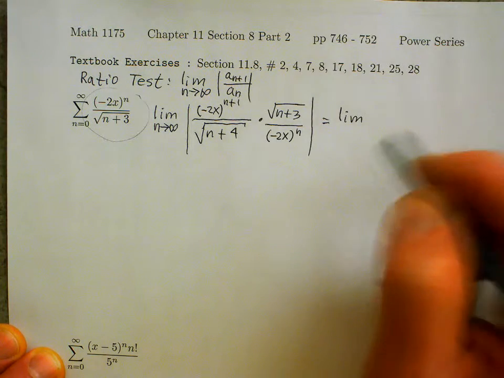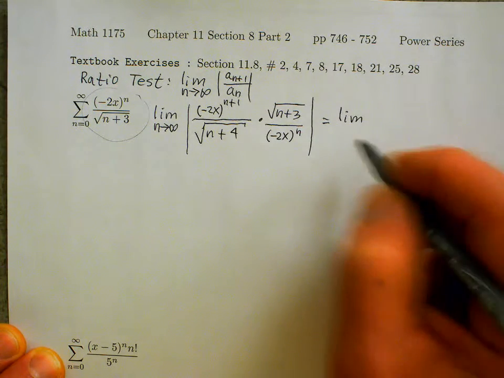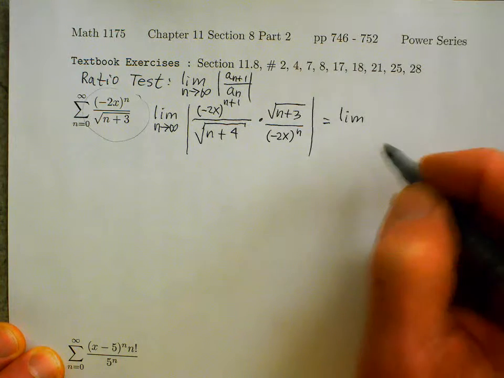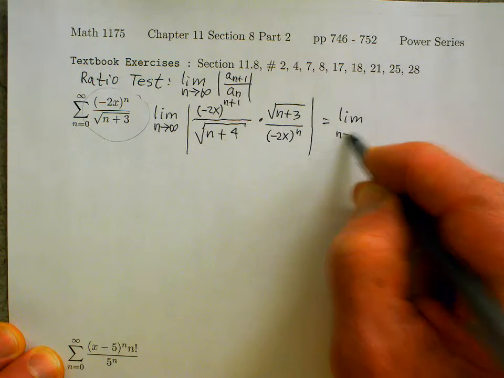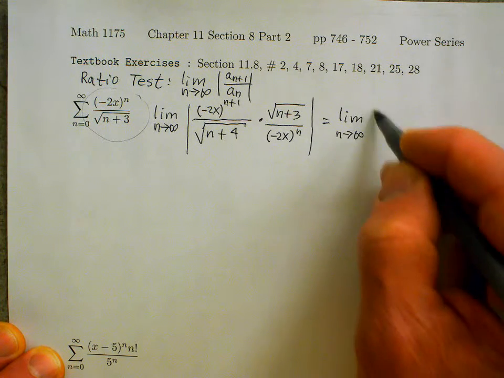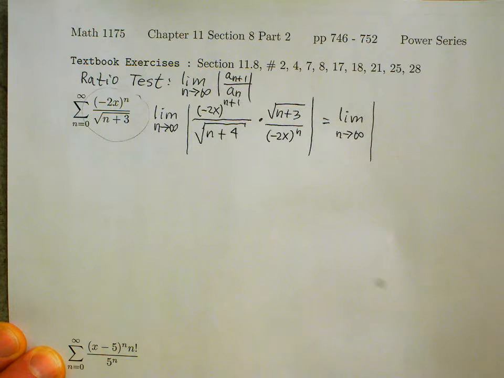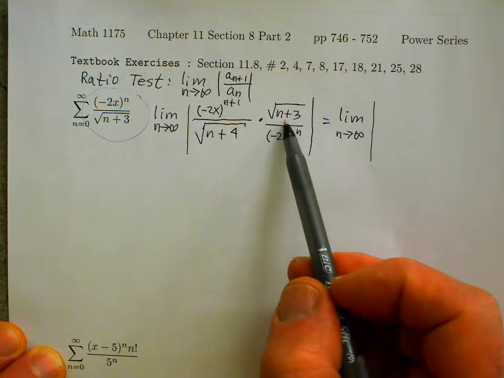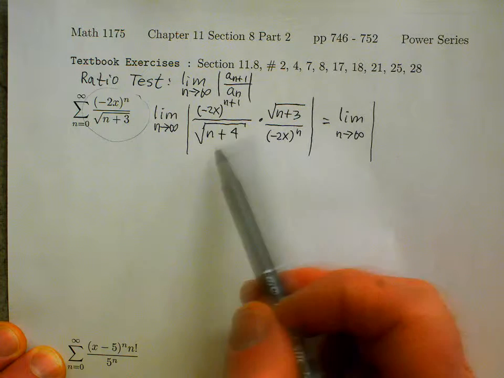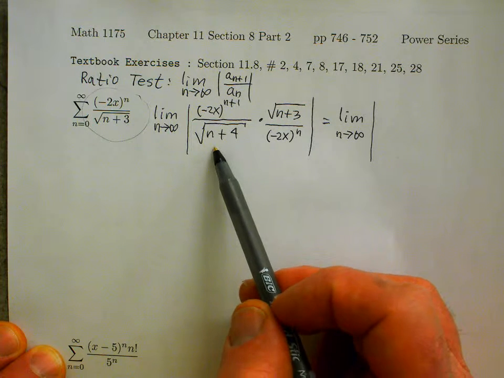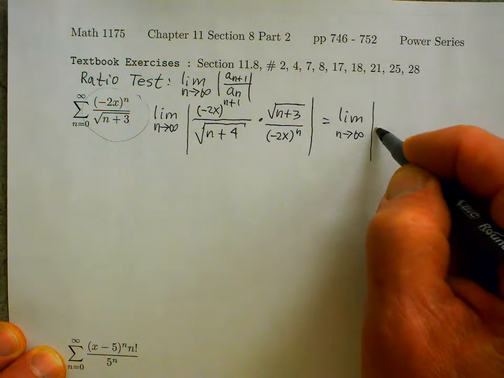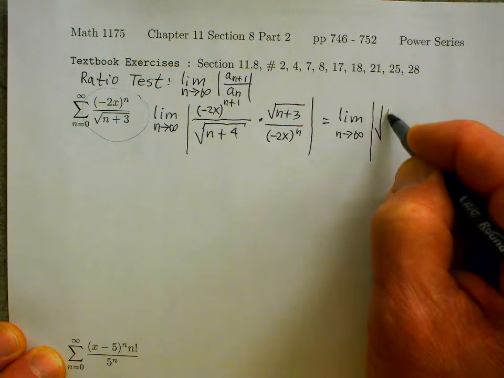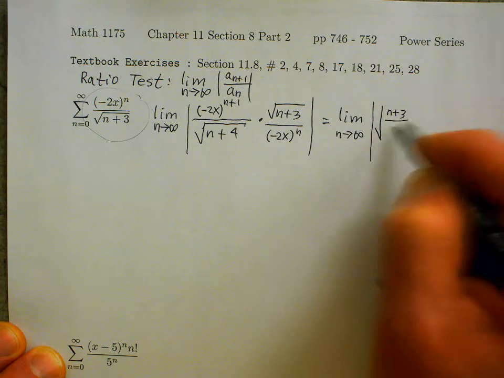So we'll simplify what's inside the absolute values. Let's move the square root of n plus 3 and put it over the square root of n plus 4 and write it as a single square root of n plus 3 over n plus 4.